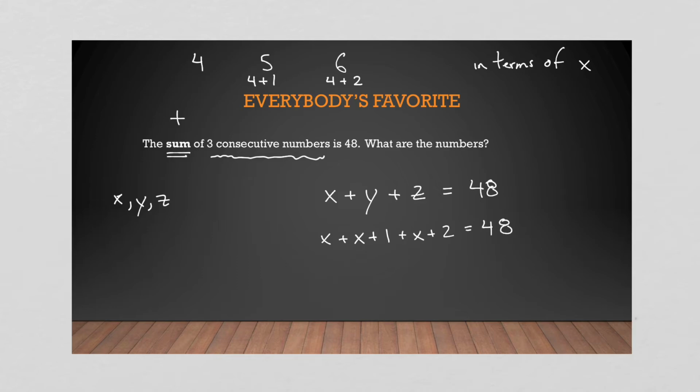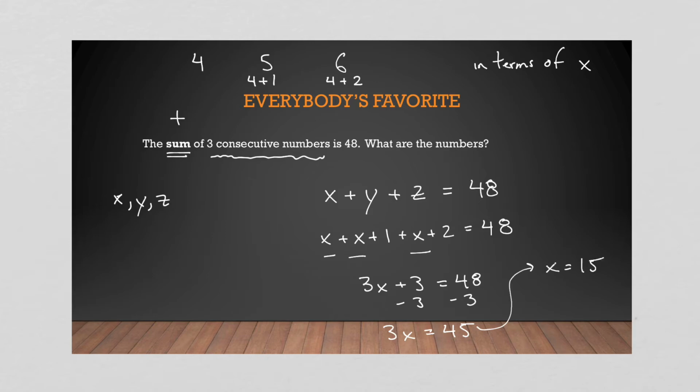And now we have it all in terms of one variable. So what you can do there then is add or group your like terms. So 3x plus 3 equals 48. And then we're doing our 2 steps to finish the question. 3x equals 45. Divide both sides by 3, x is 15.